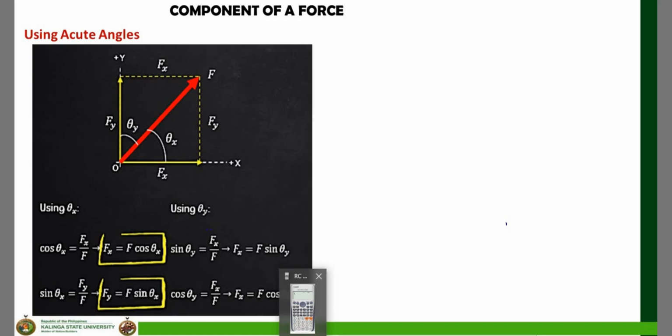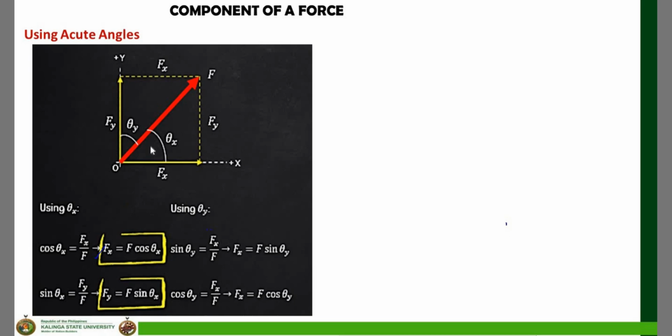So this is our working equation if we want to determine the values of our Fx and Fy. So Fx is equal to F cosine theta x and Fy is equal to F sine theta x. Yung theta x, that is the angle of inclination of the force from the x-axis.